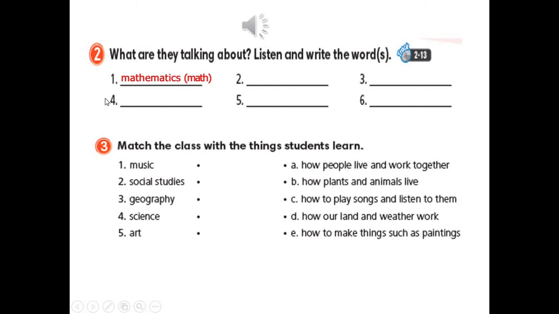We learn about people and things that happened a long time ago. Number 5. In this class, we learn how to read and write. We learn about famous writers and how to write our ideas. Number 6. This is a class about the world. We learn about weather, land, and water in different places.